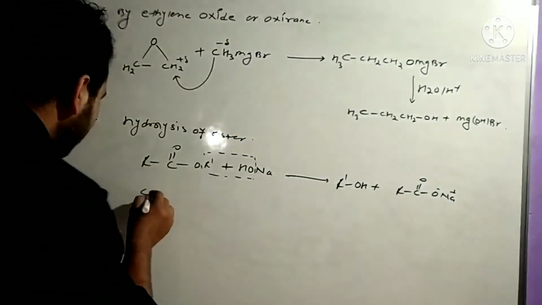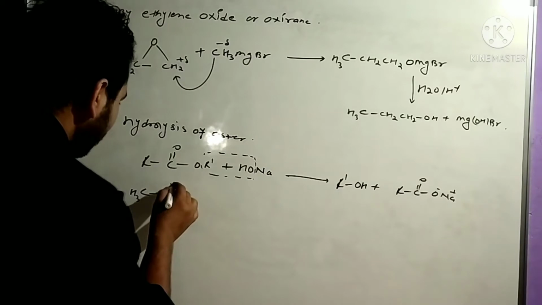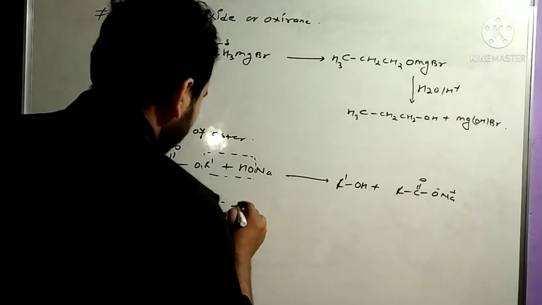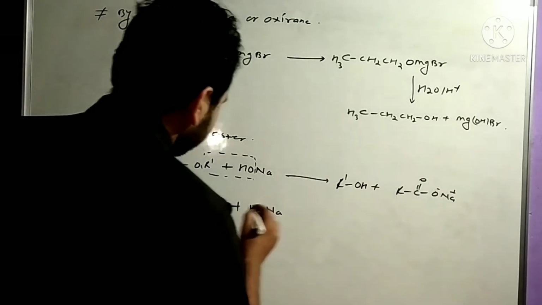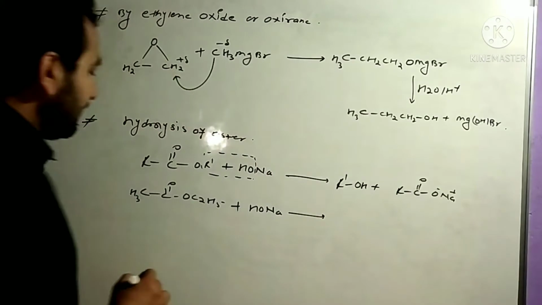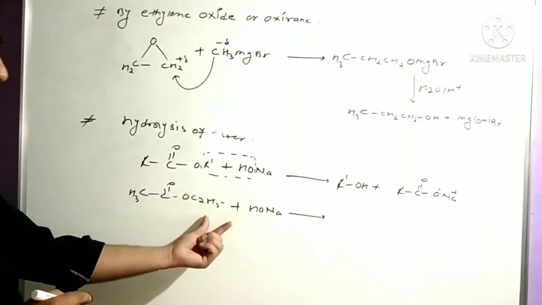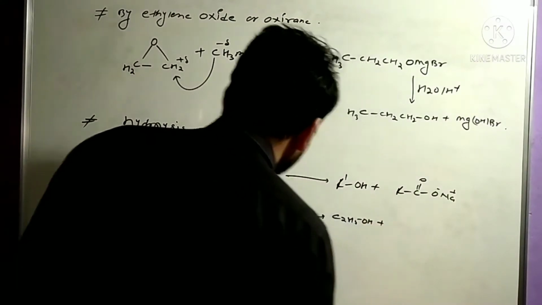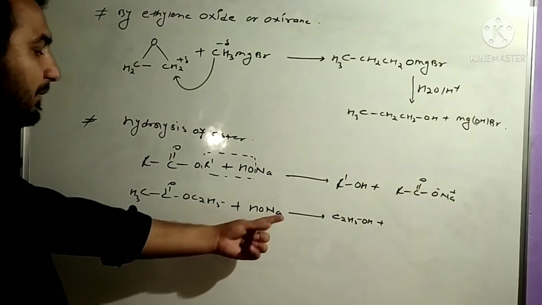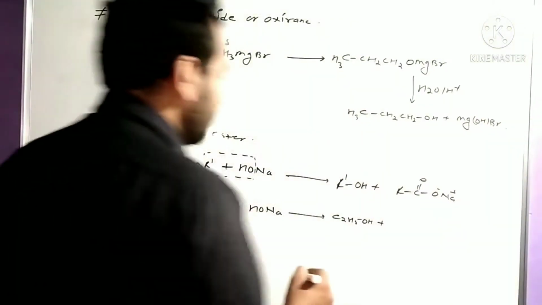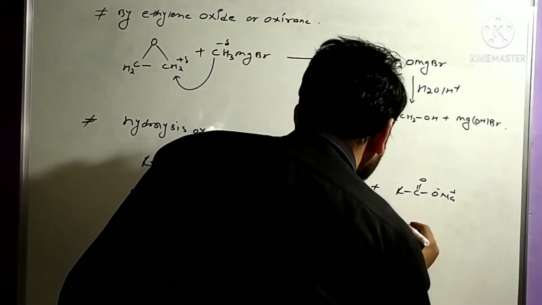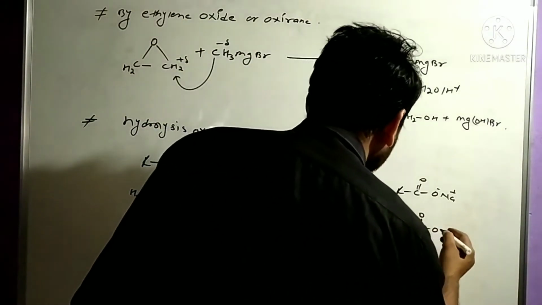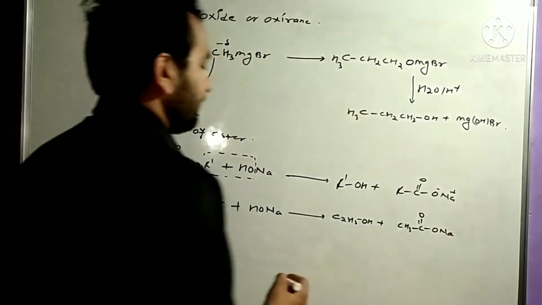Suppose you have here CH3, C double bond O, OC2H5, clear, plus you have HONa. We are saying that these two will combine here, forming C2H5OH, plus this part will attack here, the O negative part, and the plus part with this, so it becomes CH3, C double bond O, ONa.